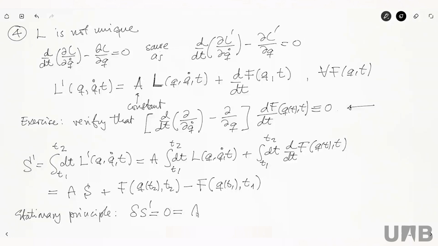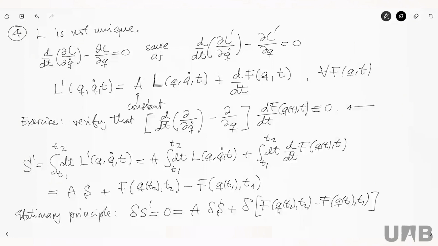So this is A times the variation of S plus the variation of this difference, f of q of t2 minus f of q of t1. Now, what is the variation of this difference?